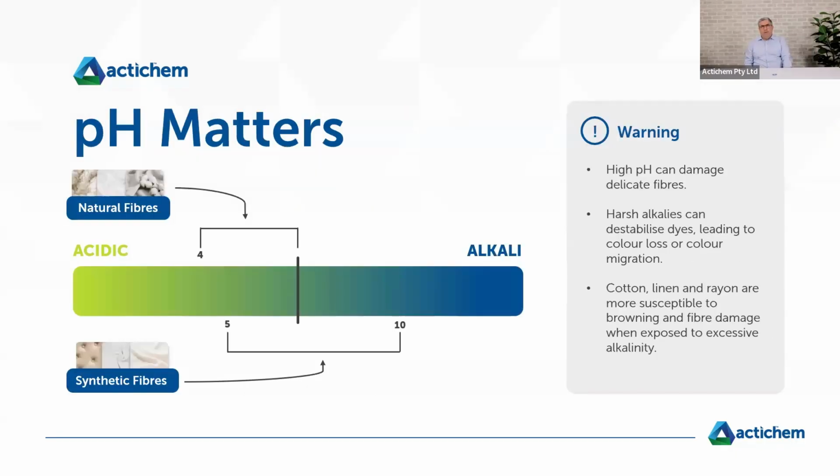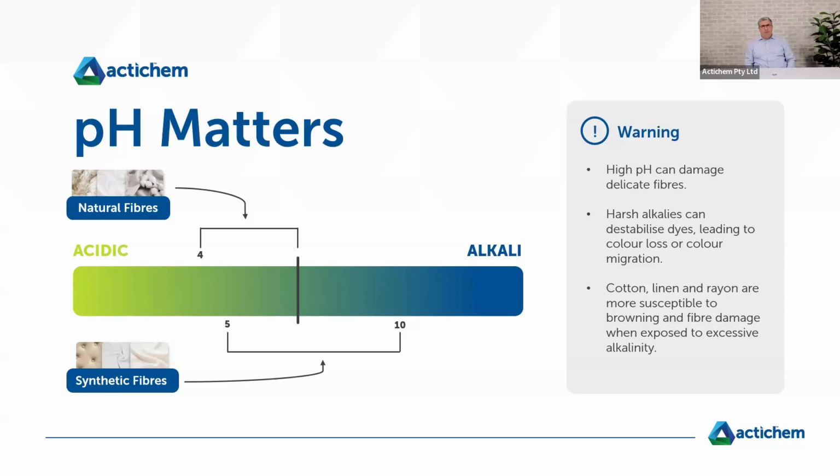Then the second one is pH. Ensure that your technicians understand the basics of pH if they're going to be cleaning upholstery. In terms of natural upholstery, we need to keep it on the acid side, not strongly acidic.